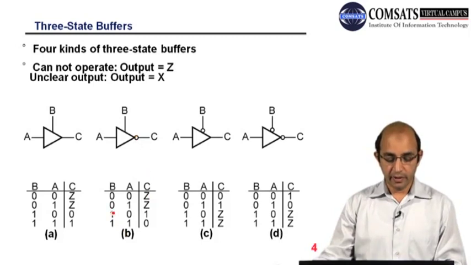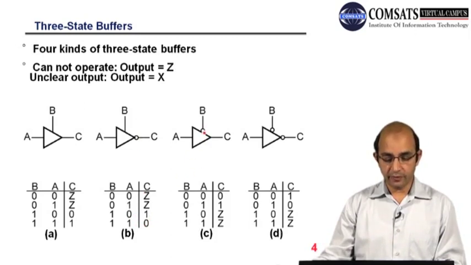Whenever we have B equal to 1, the input that has to be communicated to the output is complemented. So A is 0, we will have C equal to 1, because of the complement, and A is 1, C is 0, because the output will be complemented.